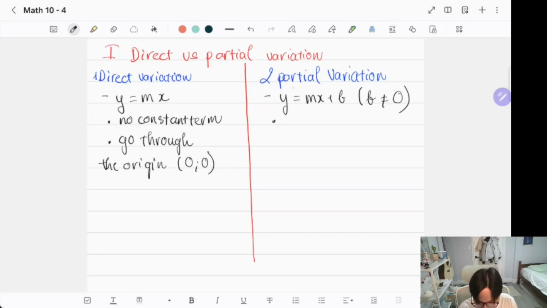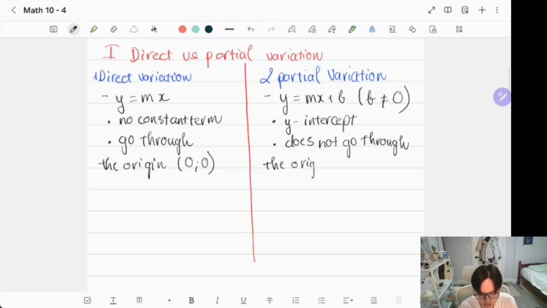And here the constant term is the y-intercept, which is the b, and it does not go through the origin, which is 0 and 0.